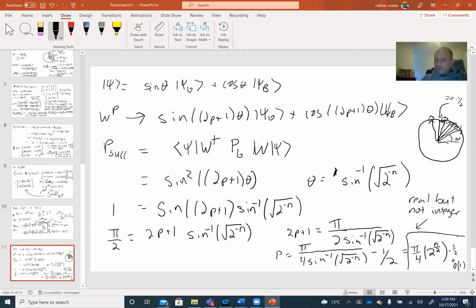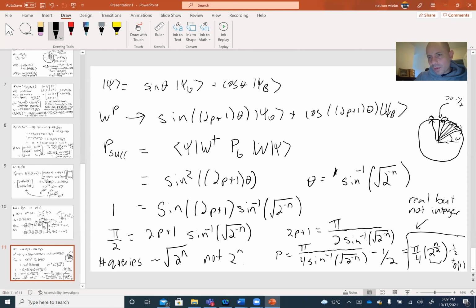However, the key thing that is important here is this scaling. This says that the number of queries that we need goes like the square root of 2 to the n, not the classical 2 to the n.